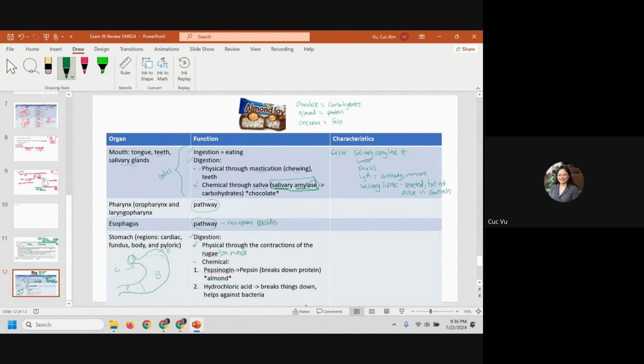Where do you find the smooth muscle in the stomach? What layer? The muscularis, right? Yes, that's correct. And it has 3, right? What are the 3?